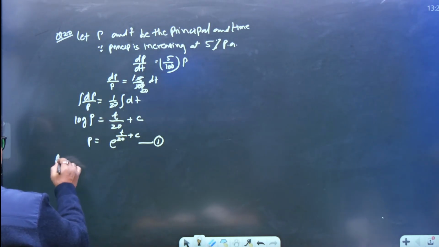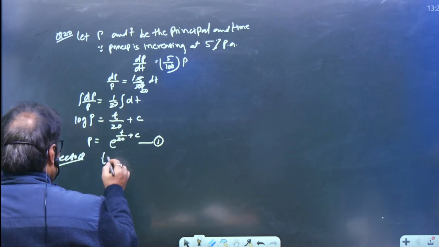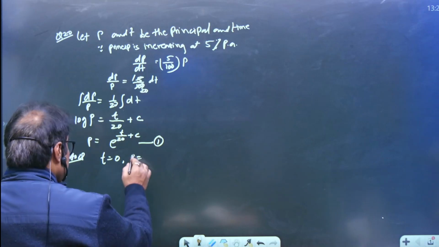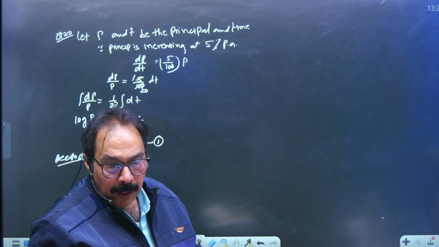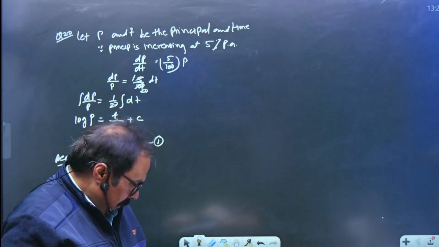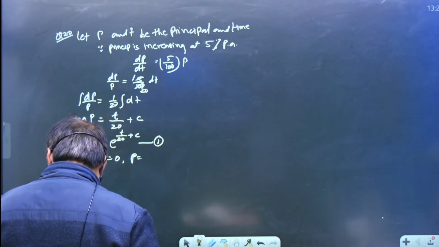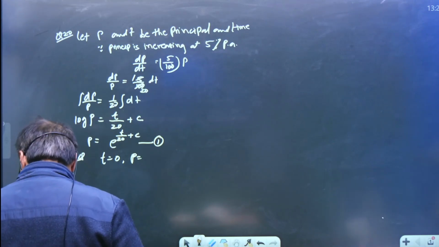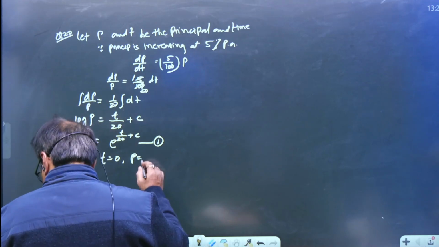And according to the question, when T is equal to 0, principal is equal to, how much is it given, rupees 1000.